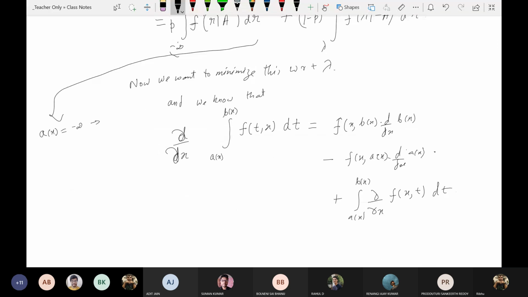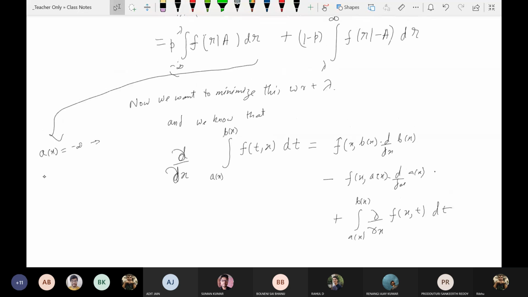F of R given A is independent of lambda, so this term is also 0, and b of lambda equals lambda, whose derivative is 1. Agreed?